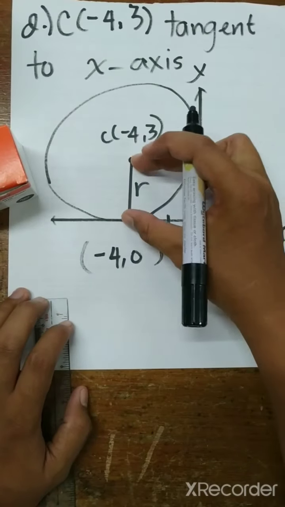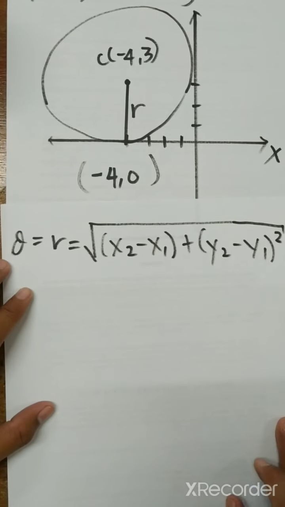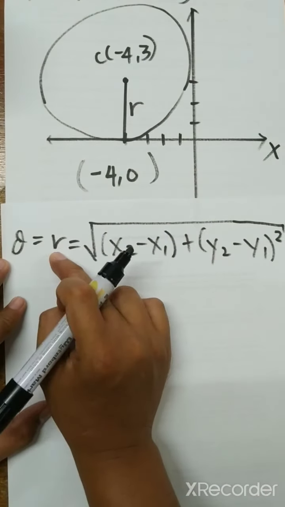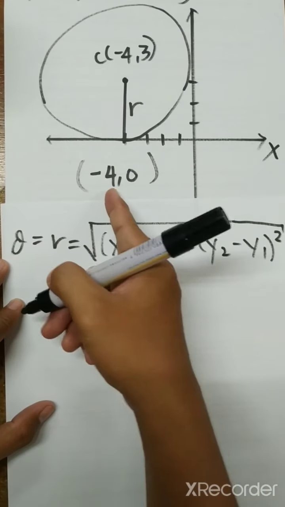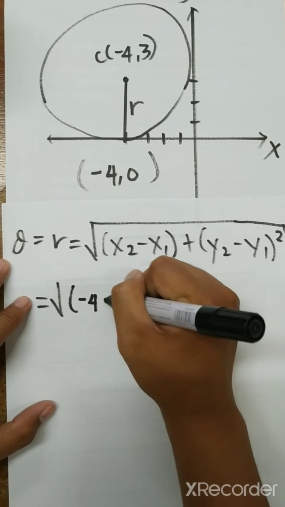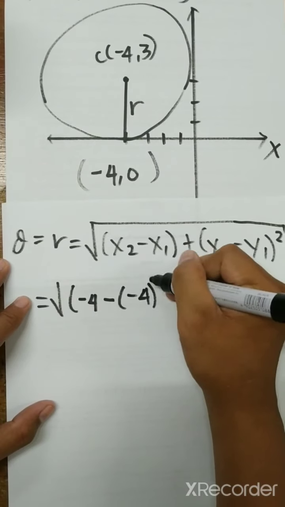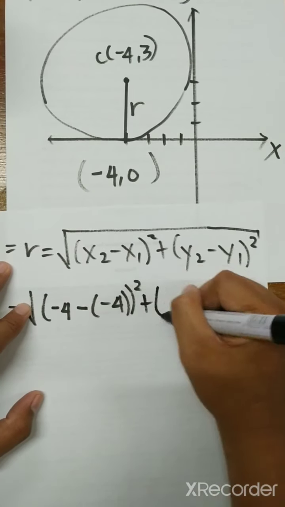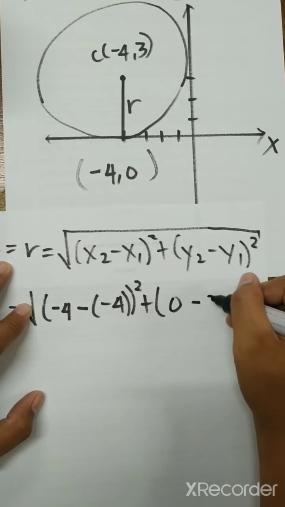Now we are going to find the radius for this. Okay, so we have our distance formula. So our distance here would be the radius. So we have the square root of x sub 2. If this will be my point 2, it would be negative 4 minus x sub 1, which is negative 4. So we have (negative 4 plus 4) squared. I forgot the squared sign there. So we have y sub 2, we have 0 minus 3, right?